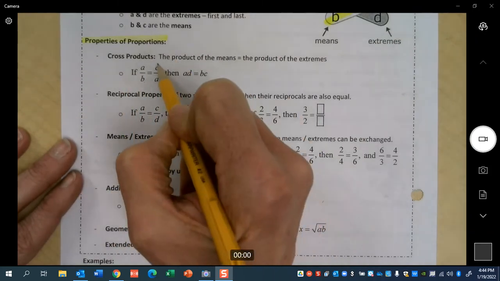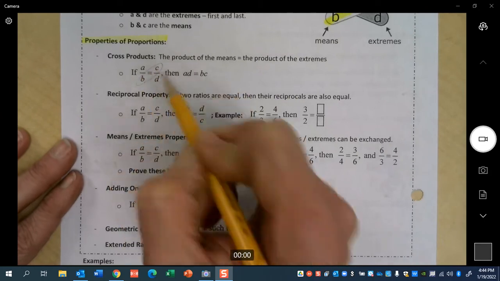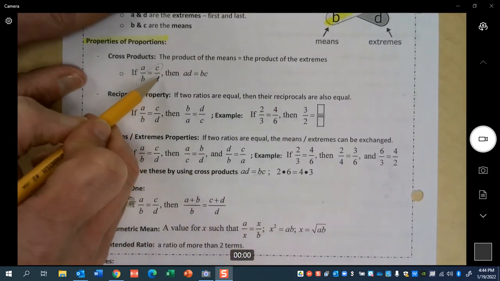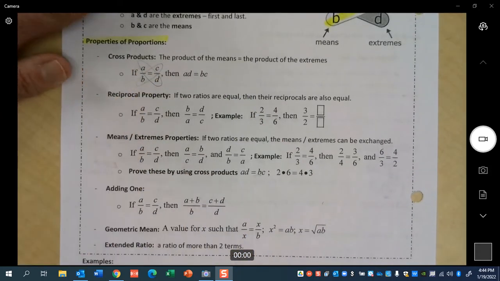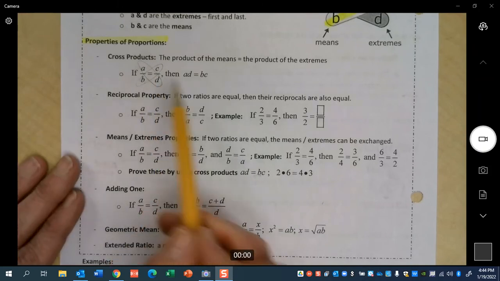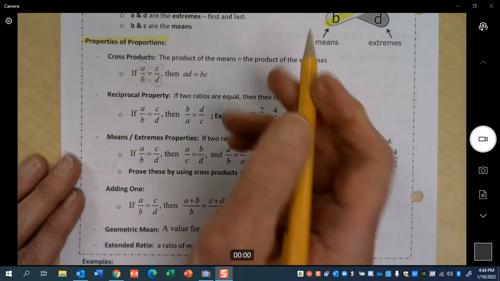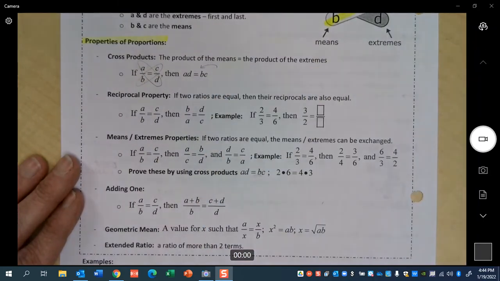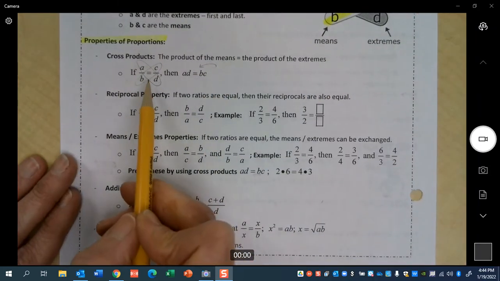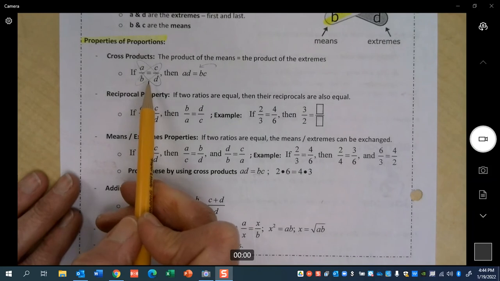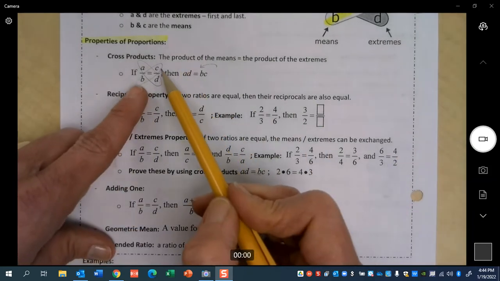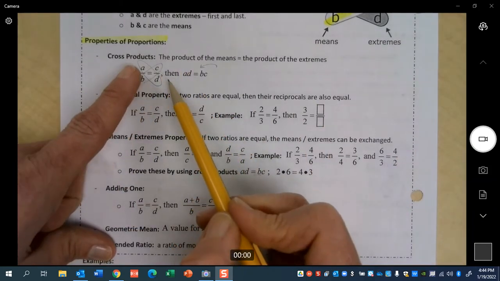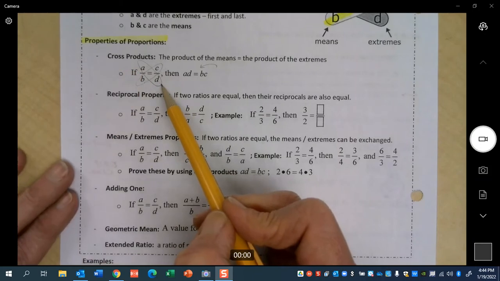What I figure out is that my cross products end up always being what I'm multiplying. So I know if this proportion is true, then this cross product will always be true. So I can monkey around with where my means and extremes are. B and C are my means, A and D are my extremes.